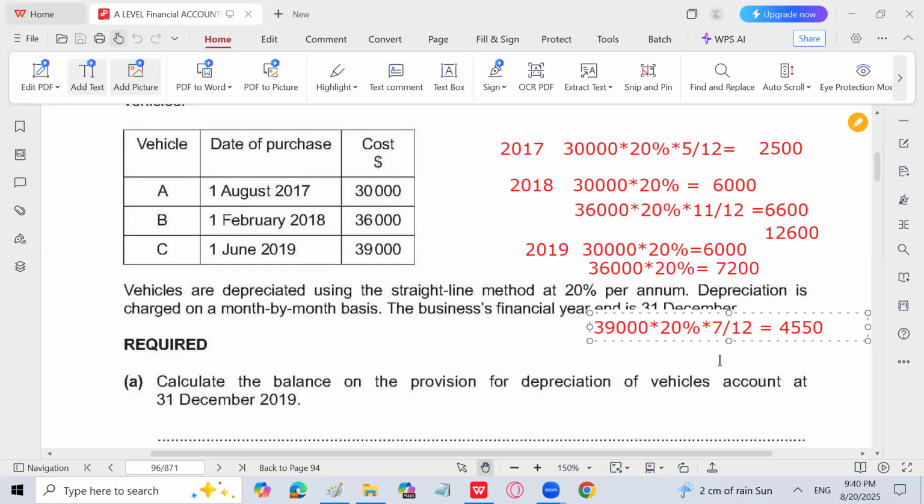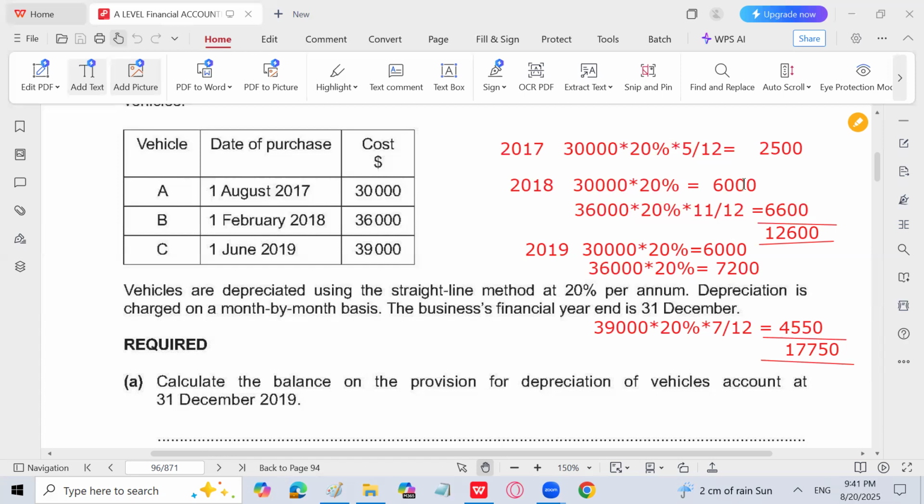So the total depreciation for all the three assets for 2019 is going to be 6,000 plus 7,200 plus 4,550, which is 17,750. Now we have to calculate the total depreciation.